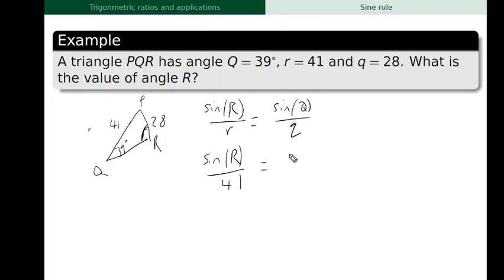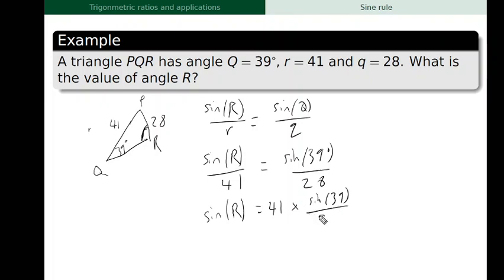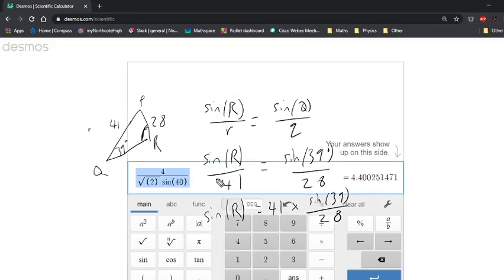Little r is 41, angle Q is 39 degrees, and little q is 28. So sine of R is going to be 41 times sine 39 on 28.